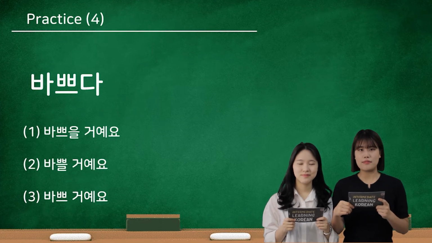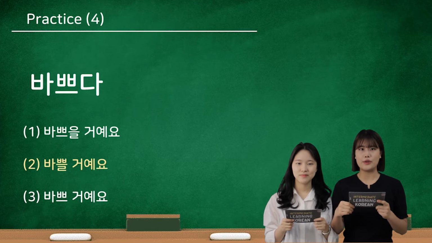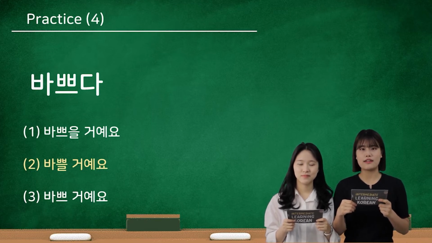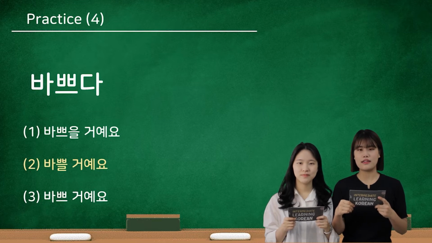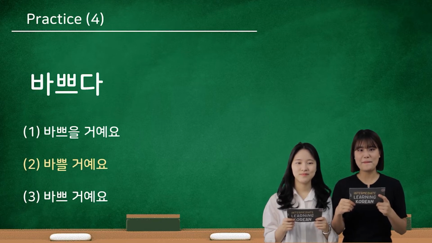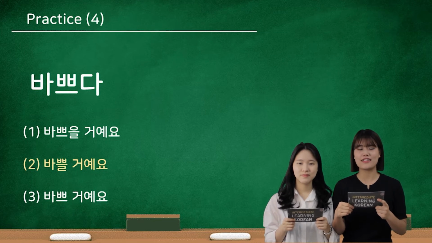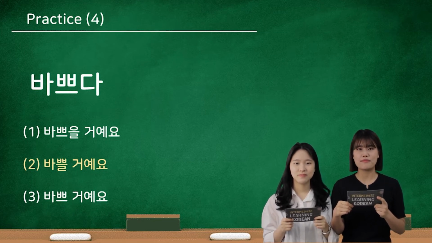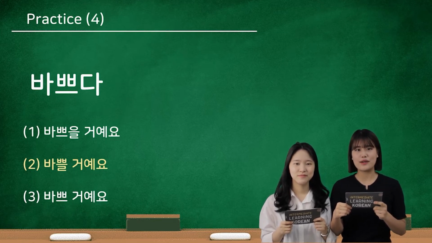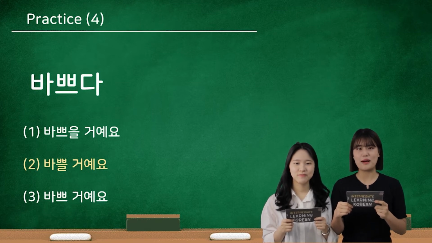It is 바쁠 거예요. Because there is no final consonant in the adjective 바쁘다, 리을 거예요 is used to become 바쁠 거예요.